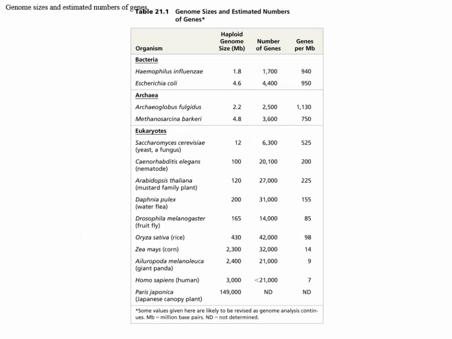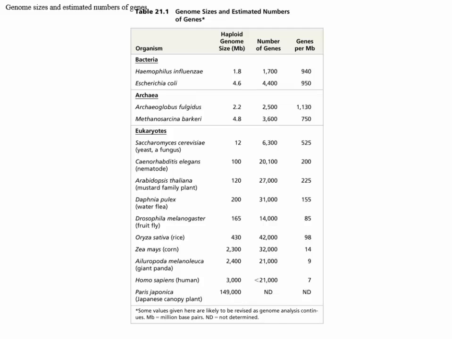Here we have genome sizes and the estimated number of genes. So if we start from the lowly bacteria, E. coli, the number of genes it has is 4,000. And the genome size is 4.6 million base pairs for haploid. So the genes per million base pair is 950.